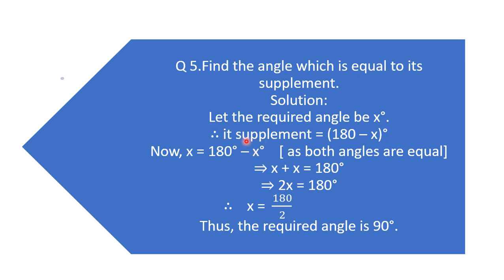So again this x will transpose to the left hand side. So we get x plus x is equal to 180 degree, and 2x is equal to 180 degree, and this 2 will transpose to the right hand side and becomes 180 upon 2. So we can say the required angle is 90 degree, which is the supplementary angle for 90 degree itself.